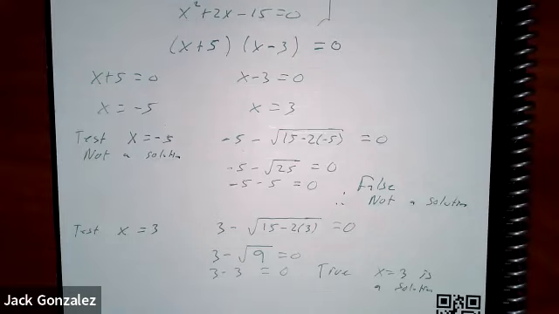You would just tell me x equals 3 is your solution. That's it. Don't give me 2 answers if you only have 1. If you're curious what the answer choices look like, basically they would say check all the ones that apply.